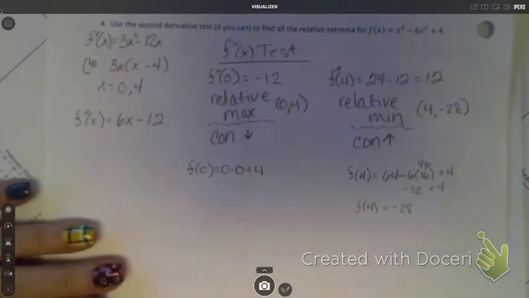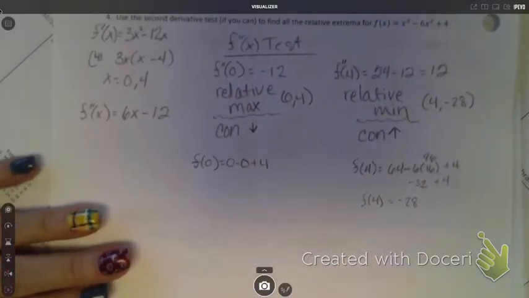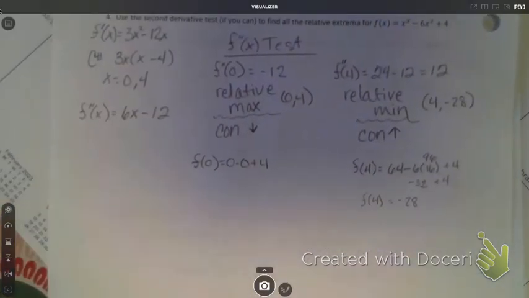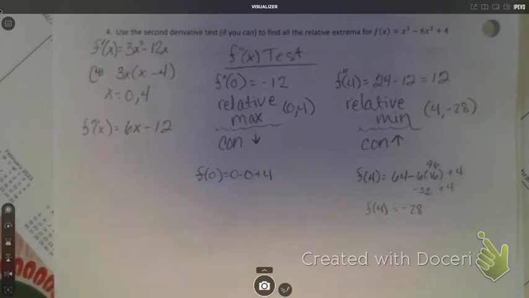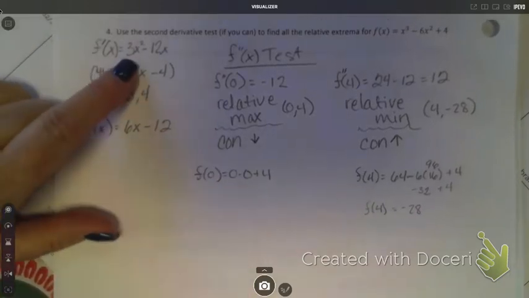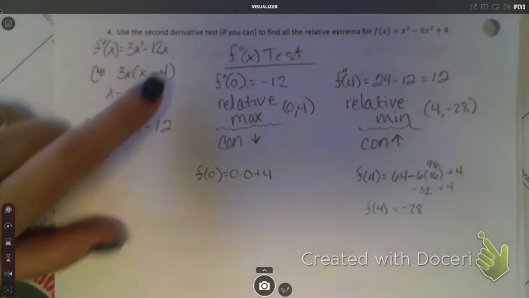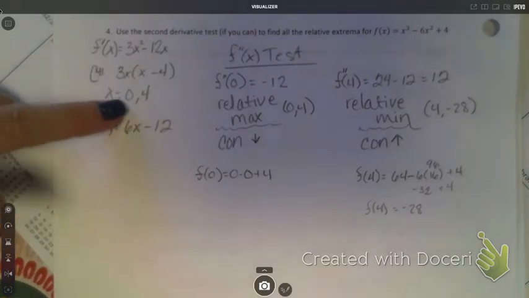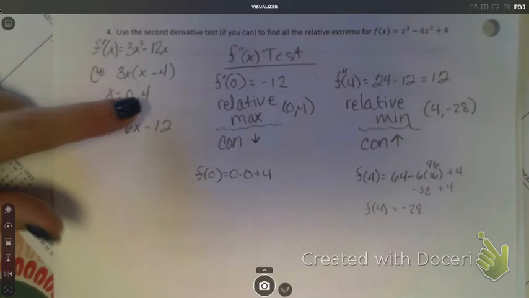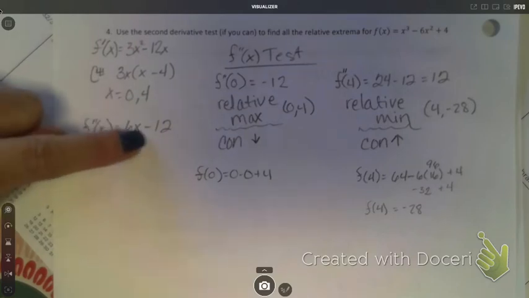Okay, on number 4, it says use the second derivative test, if you can, to find all the relative extrema. So first derivative is 3x squared minus 12x. So your critical numbers were 0 and 4. And then your second derivative was 6x minus 12.